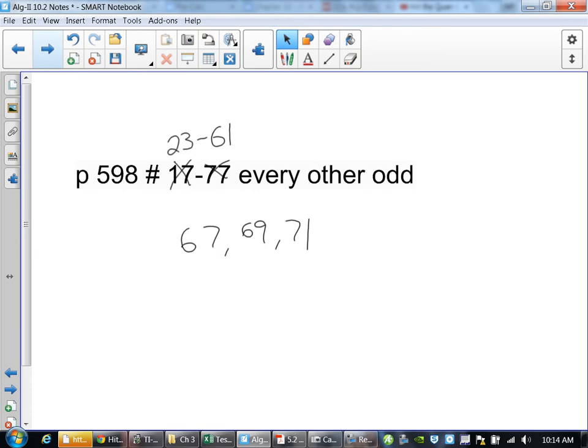So it's just increments of 4. 23 plus 4 is 27, 31, 35, 39, 43, 47, 51, 55, 59. Oh, this should be 63. 61 won't work. It'll be 63. So actually, we probably could have just gone all the way up through these. Oh well, no big deal.